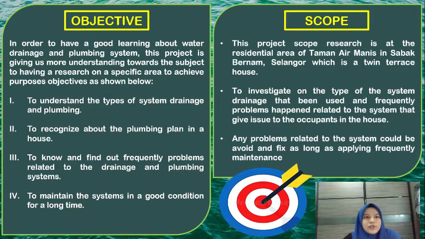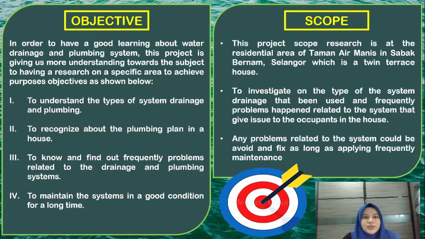And the purpose of our objective is to understand the types of drainage and plumbing systems, to recognize the plumbing plan in a house, to know and find out frequent problems related to the drainage and plumbing system, and to manage the system in good condition for a long time.